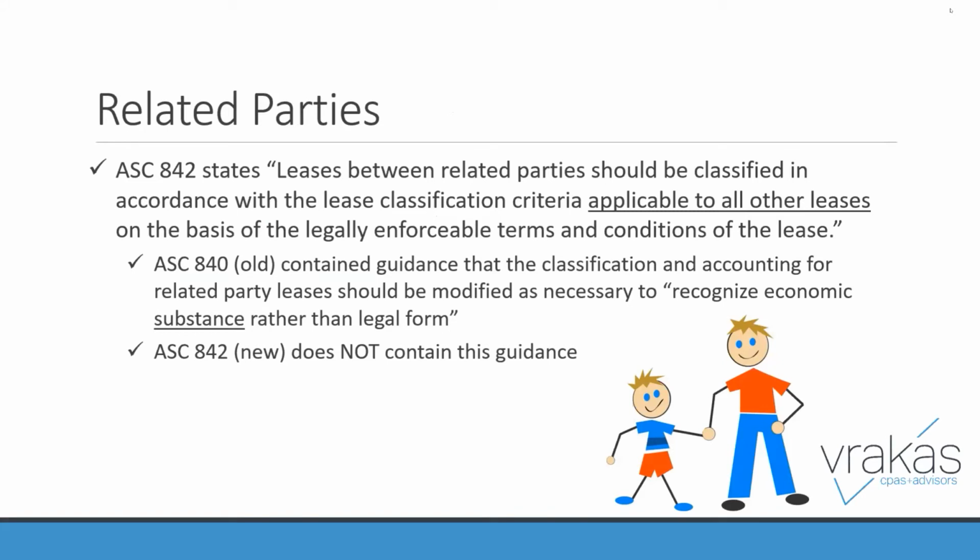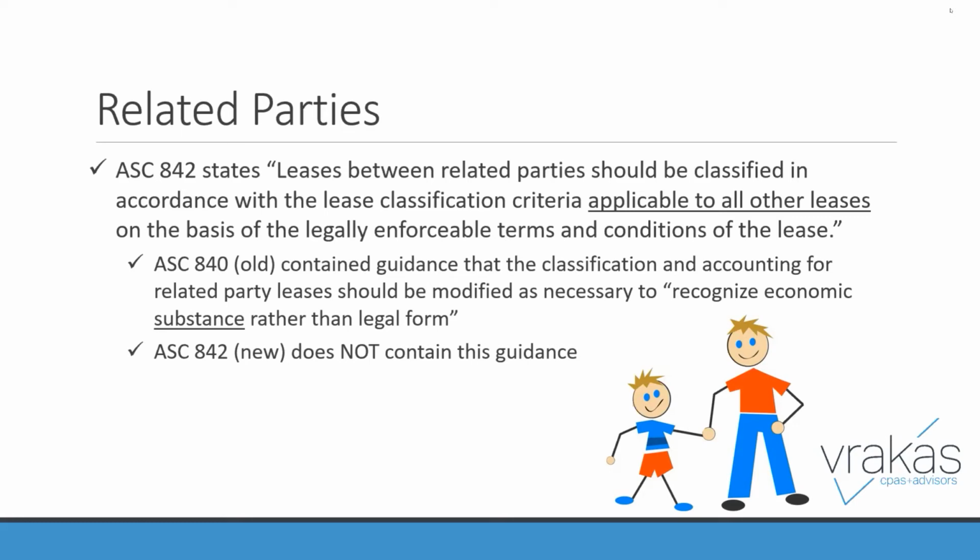The old guidance specifically contained wording that said, related to related party leases, that you should modify the classification and accounting for related party leases as necessary to recognize the quote economic substance of the transaction rather than the legal form. So that was very specifically pointed out.